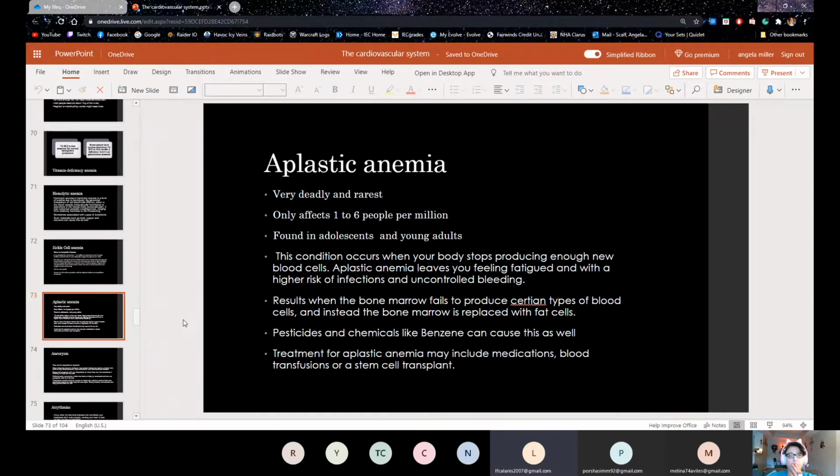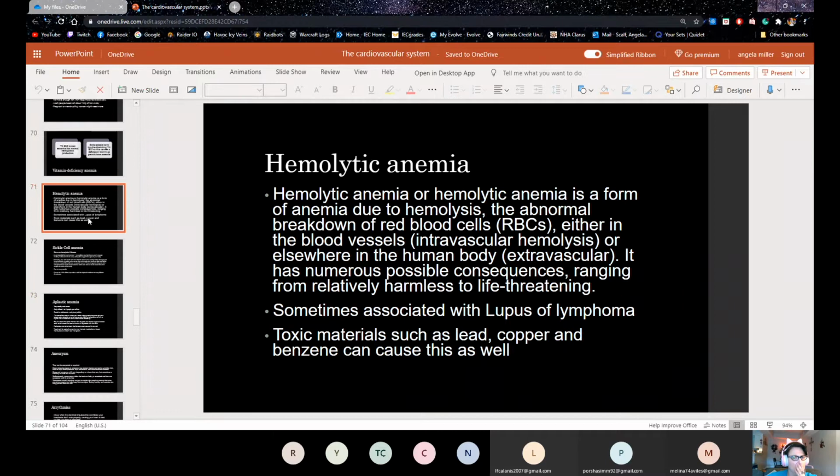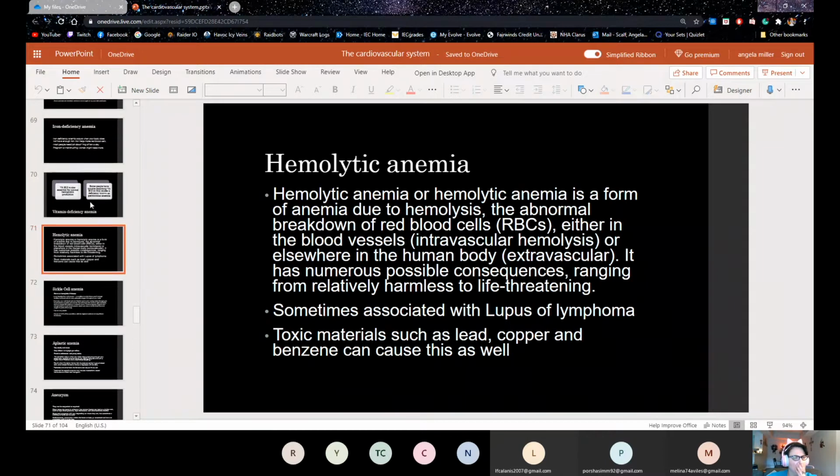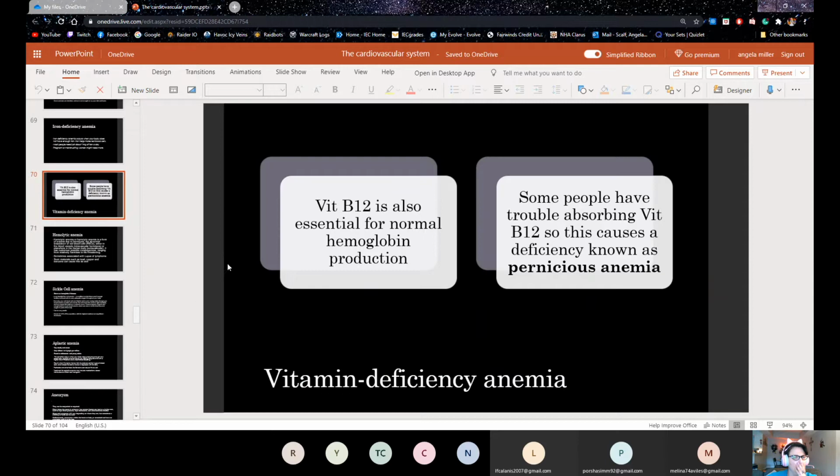Yes, true. Some people, we had an instructor, she had what I had. She had the vitamin deficiency anemia and the pernicious, and she was getting transfusions because she was pregnant.